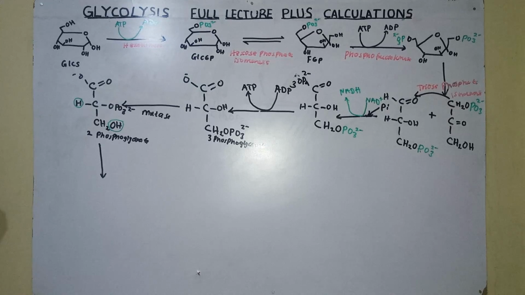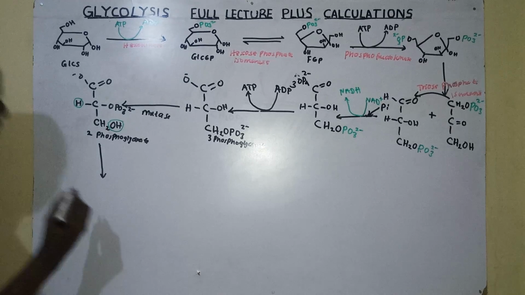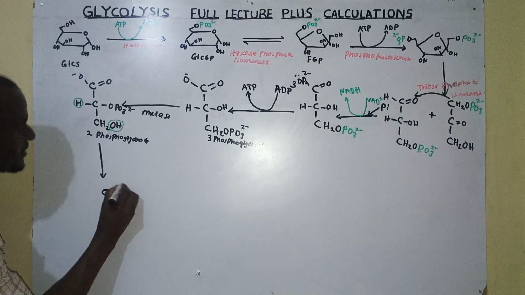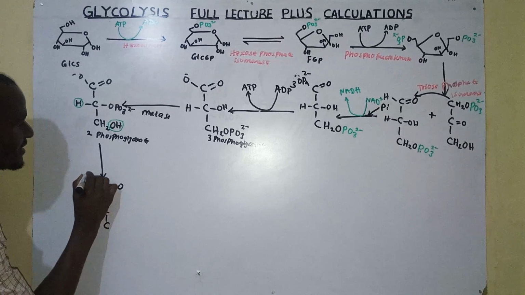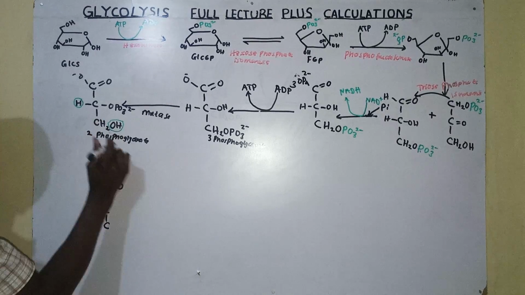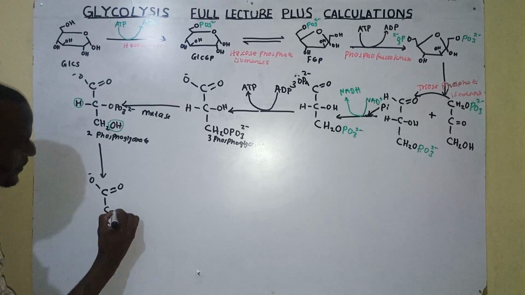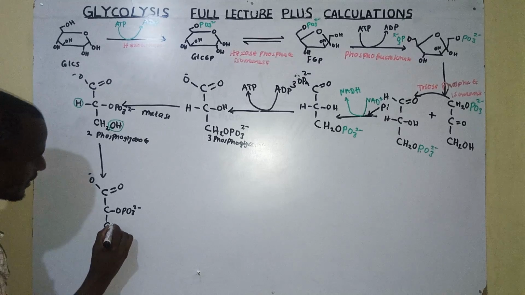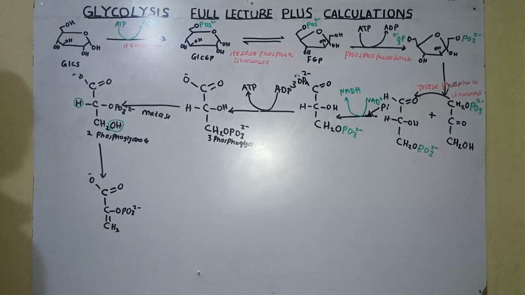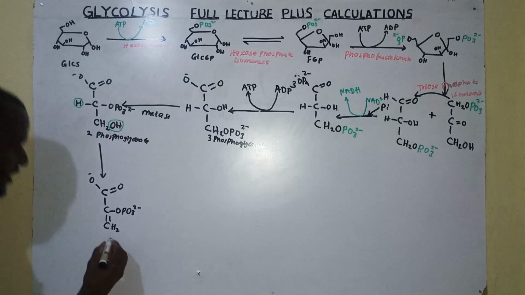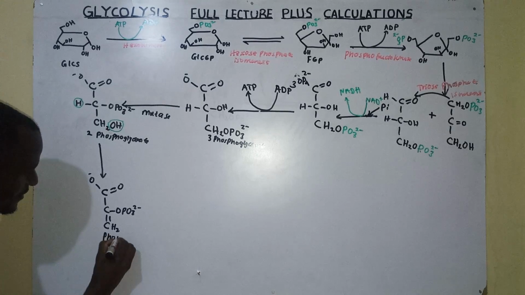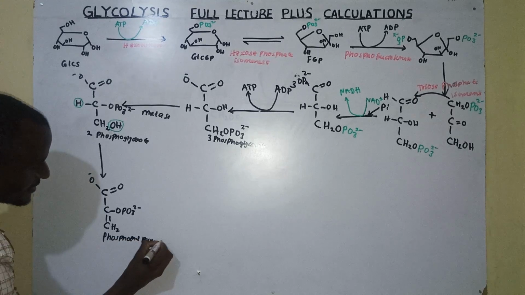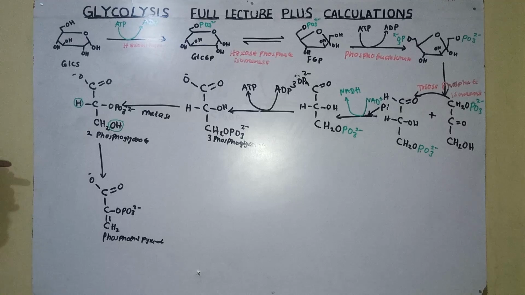So from 2-phosphoglycerate to phosphoenol pyruvate, our resulting molecule will be like this. So this is phosphoenol pyruvate, and our enzyme is enolase.